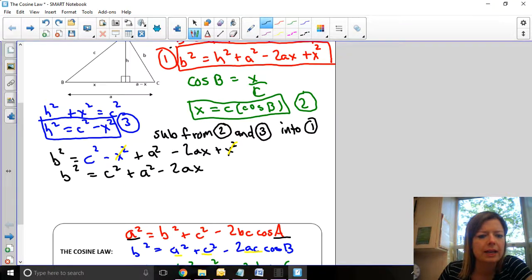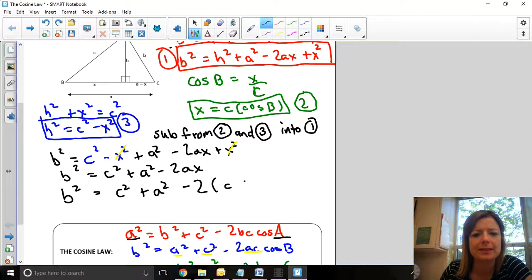So now what I get is, b squared equals c squared plus a squared minus 2 bracket c cos b. And there you have it.